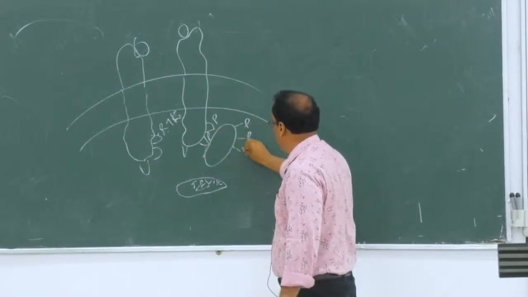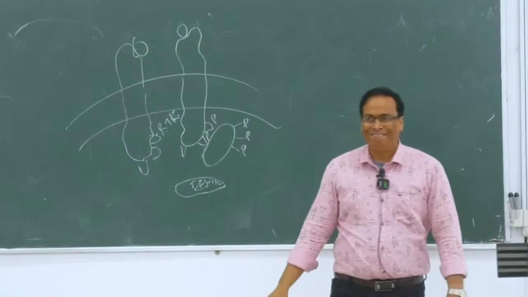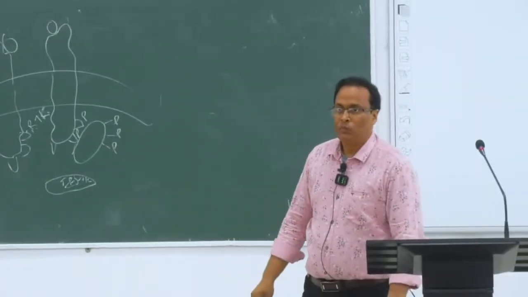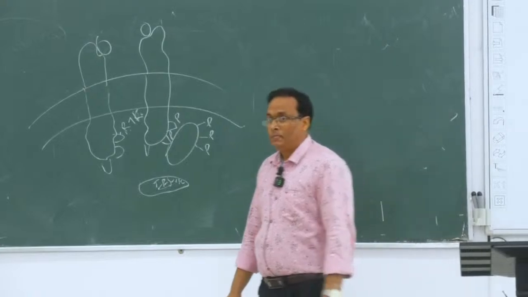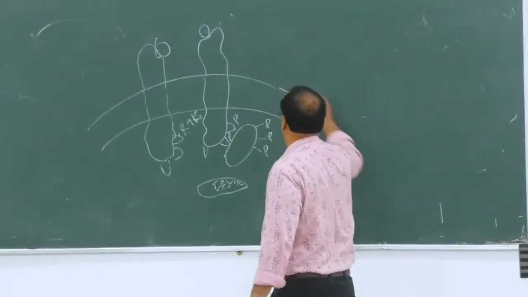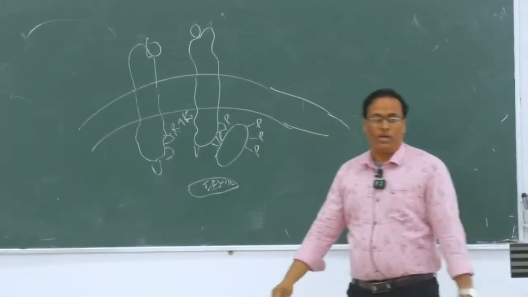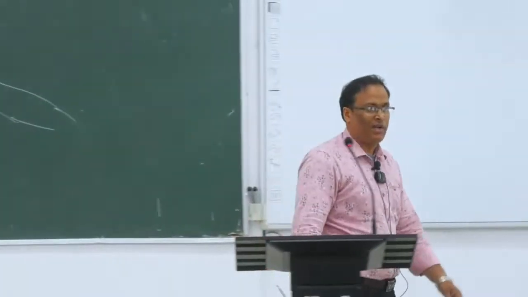Then what will happen? There are two components or two pathways. One is PI3K.